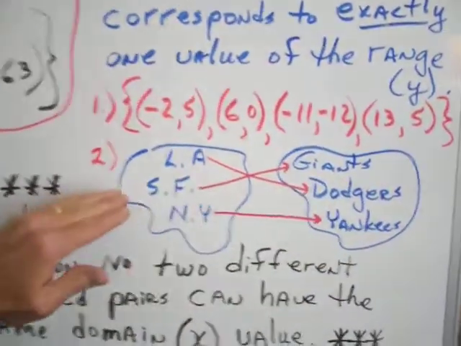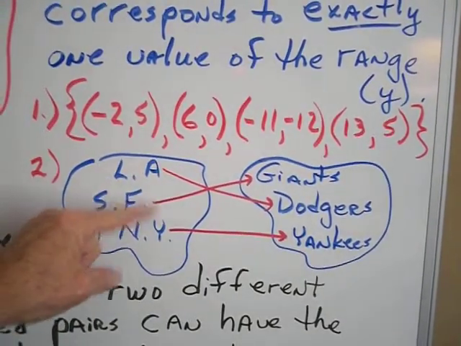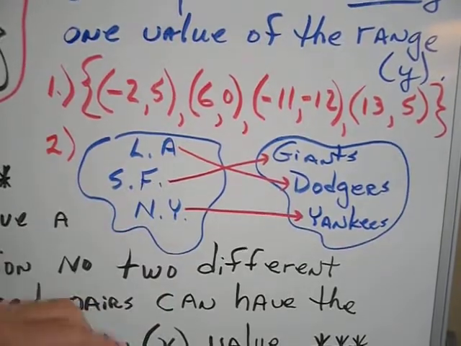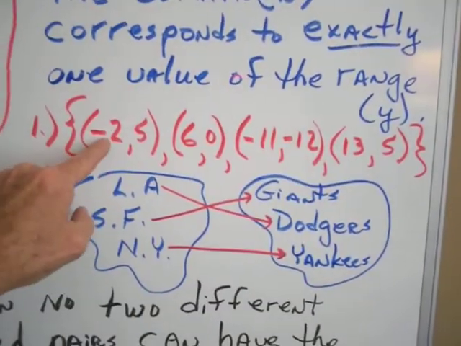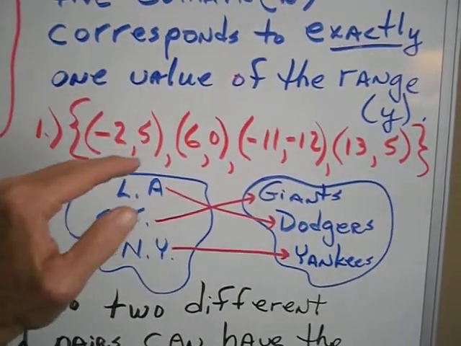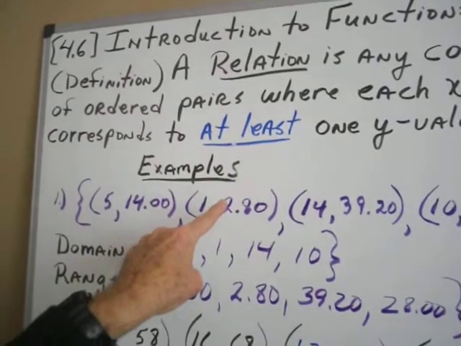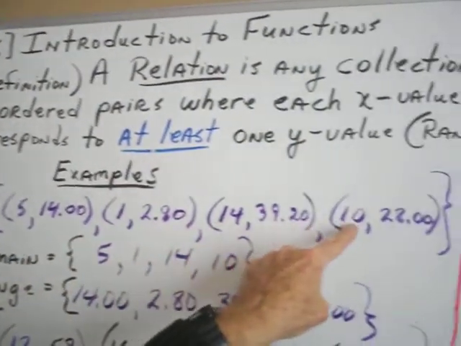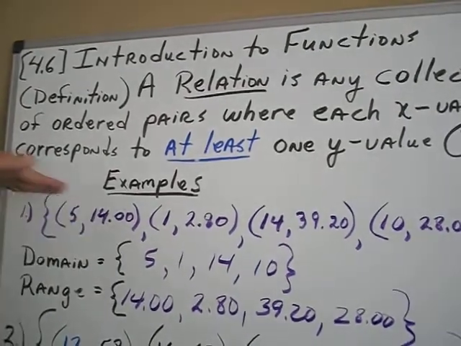Look up here. No domain appeared twice. They each appeared once. Here, no domain appeared twice. They only appeared once. And even back here with the gasoline problem, no domain appeared twice.